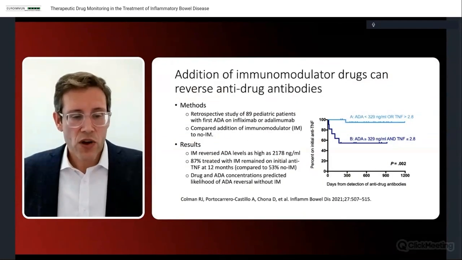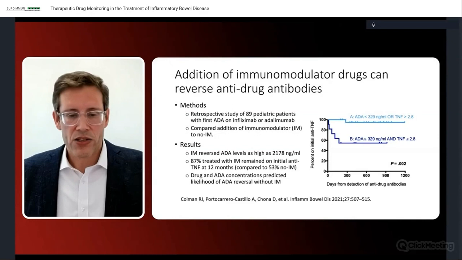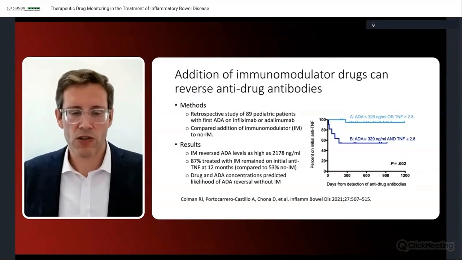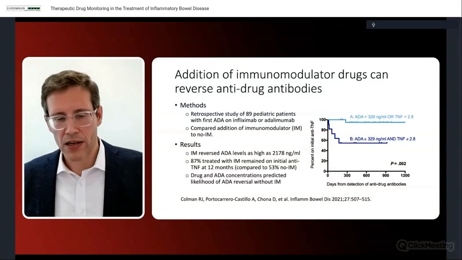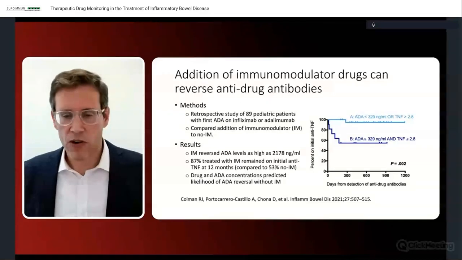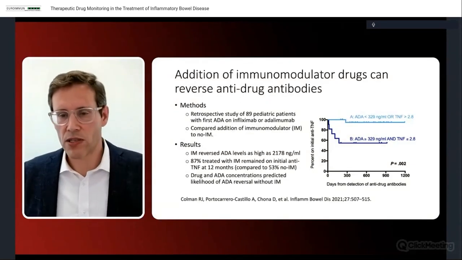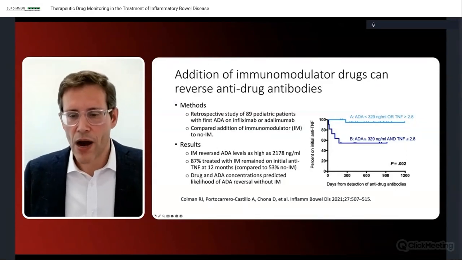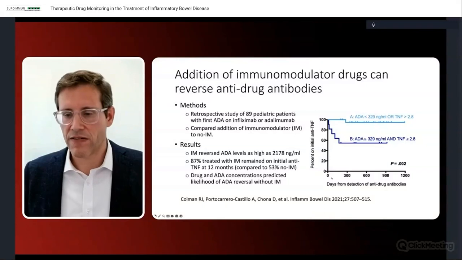We also found that the drug and anti-drug antibody concentrations predicted the likelihood of ADA reversal without an immune modulator. So lower levels were more likely to be reversed just by increasing the dose. And that's shown in this Kaplan-Meier curve on the right, which shows the percent on initial anti-TNF on the y-axis and days from detection of anti-drug antibodies on the x-axis.